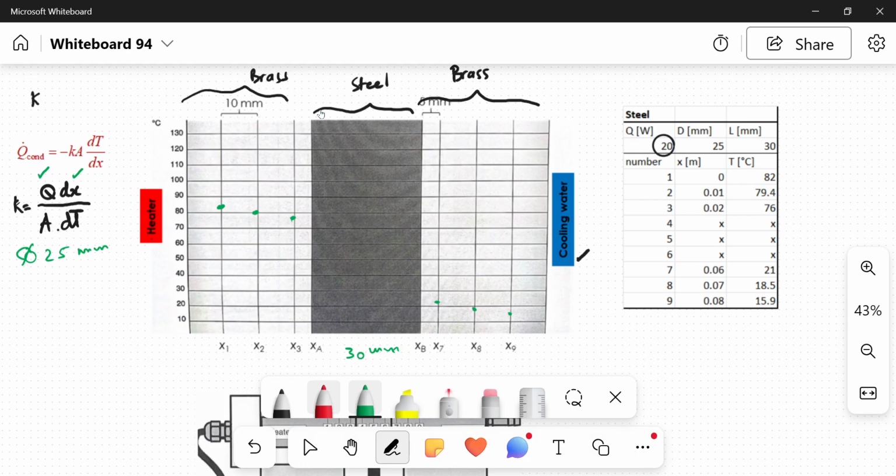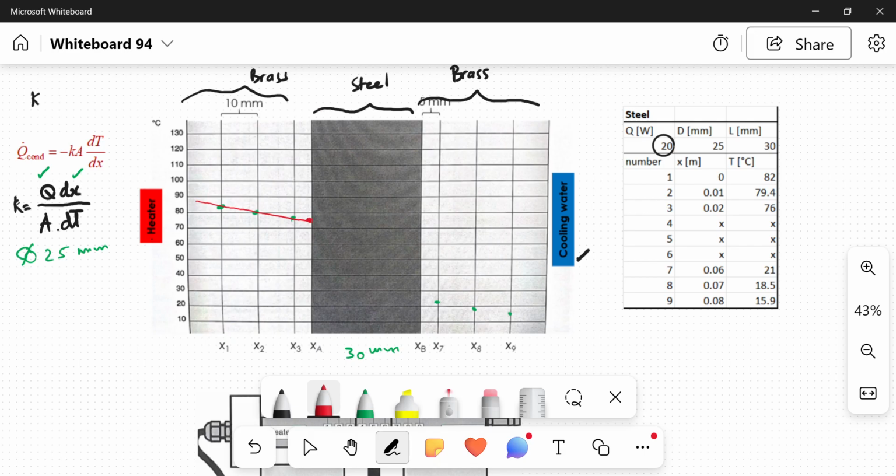On the left-hand side, we have 3 points, and we use a ruler or just by hand imagine a linear line crossing those 3 points, and that linear line will hit the surface between steel and brass at a certain point.